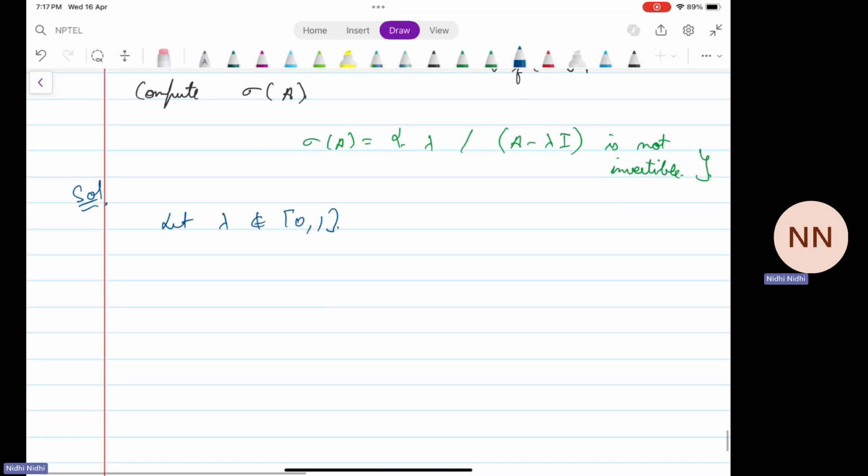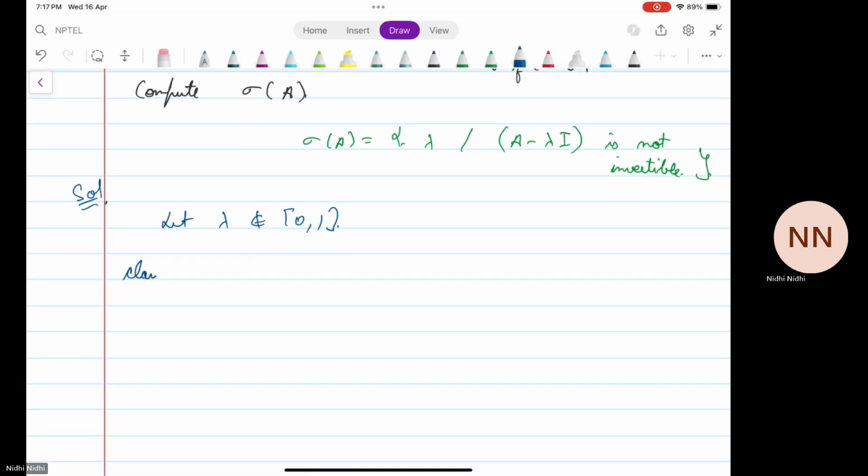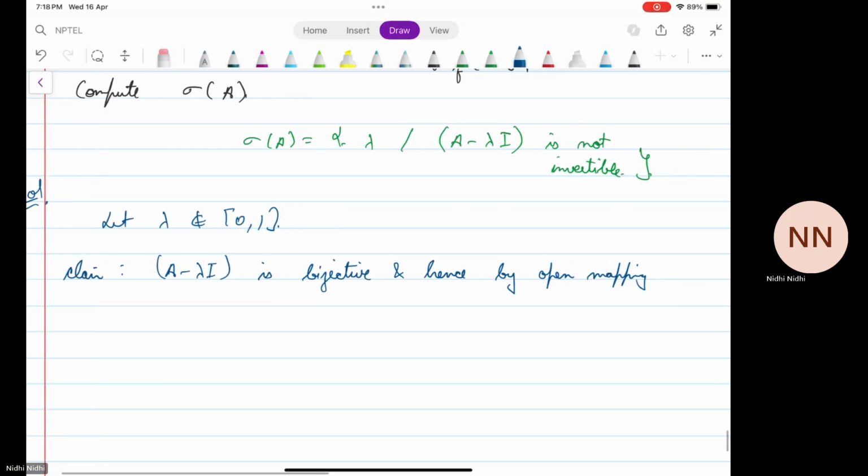In this case, we claim that A minus lambda I is bijective, and hence by open mapping theorem, it is invertible.